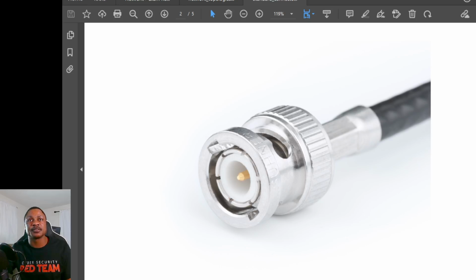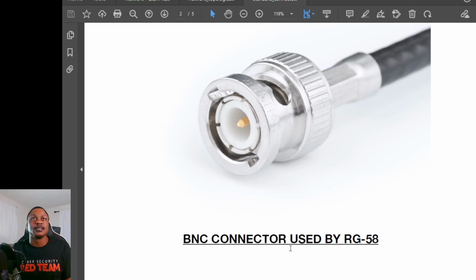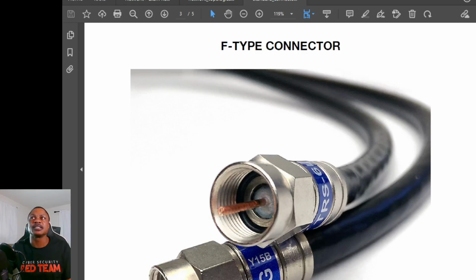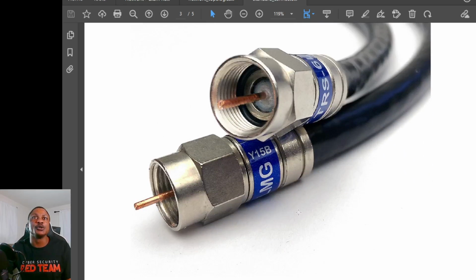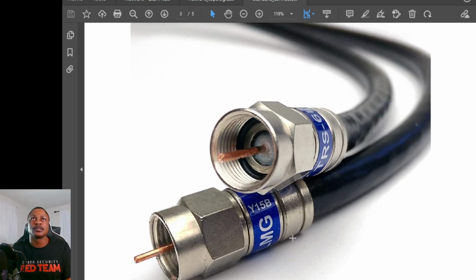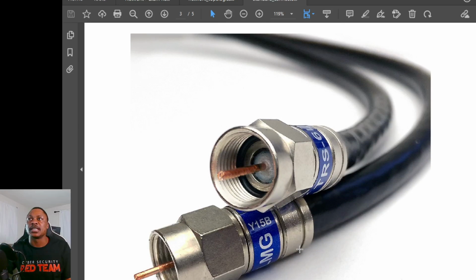RG, by the way, stands for radio grade. And the 58 version is an old one and it's not widely used anymore. And next is the F-type connector. This is used by the RG59 and RG6. They use the F-type connector right here.